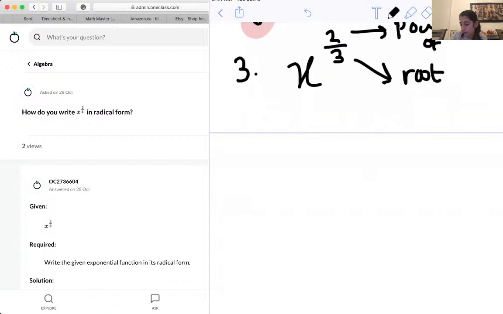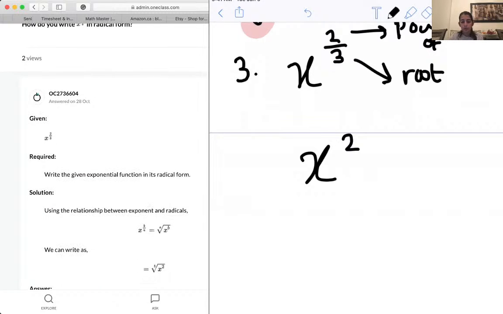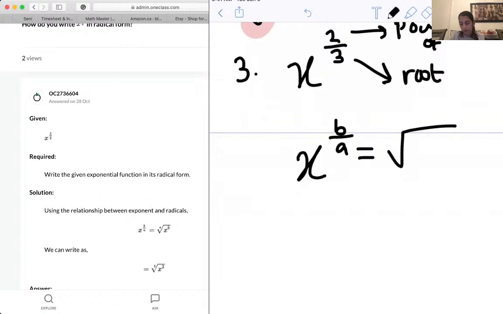So in this example, we put x and then to the power of 2, because our numerator is the power, and the denominator is the root. In general, x to the power of b over a is the same as the a-th root of x to the b.